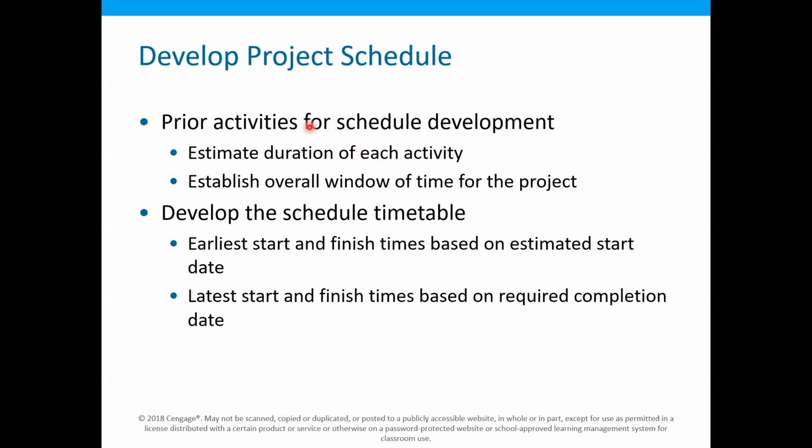By prior schedule, we mean that a network diagram should be completed first. Or even at the same time, the duration of the activities can also be estimated, and establishing the network diagram and the duration of each activity can be performed at the same time.